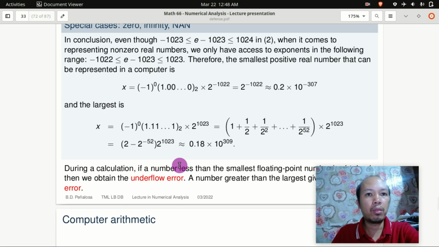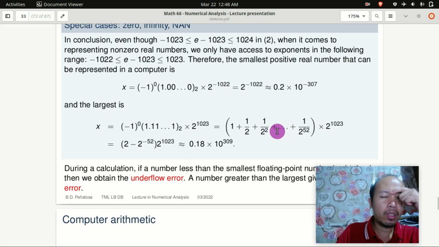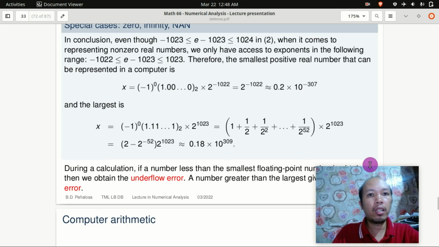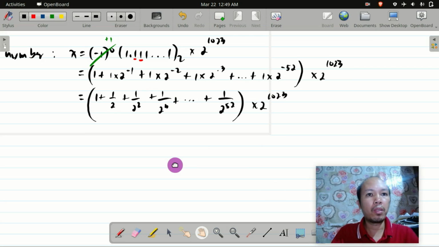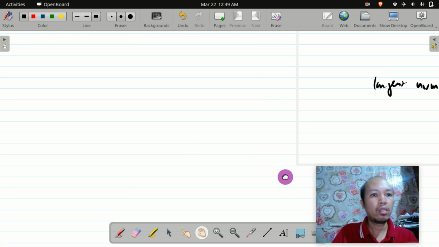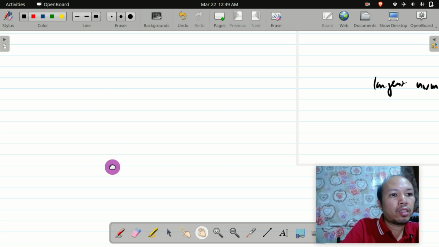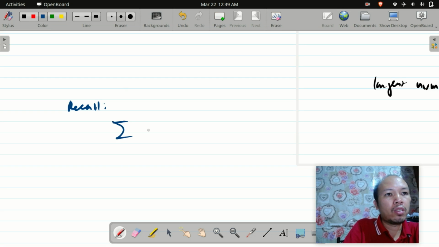As I've said before, if I remember it correctly, in the geometric series, the formula for, let's have a recall somewhere here, recall this one, summation of a r to the i minus 1.